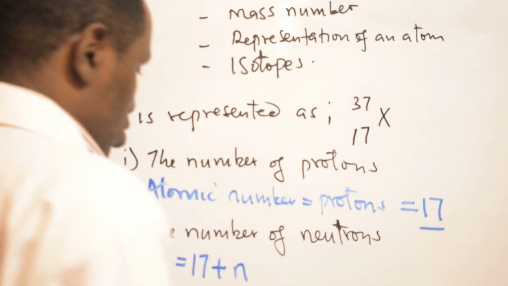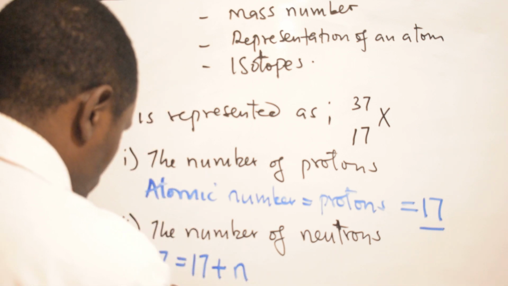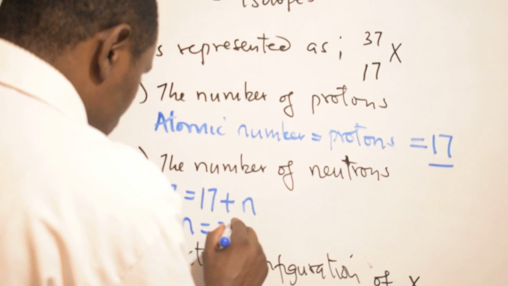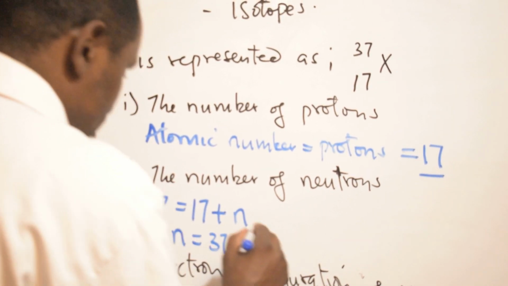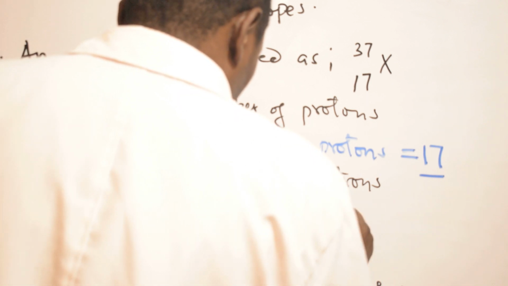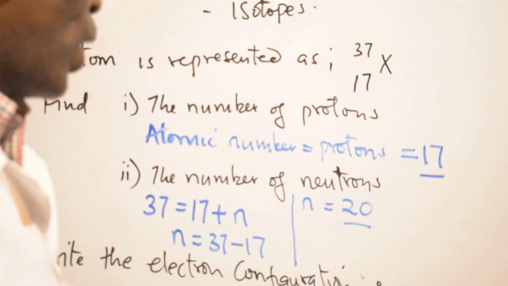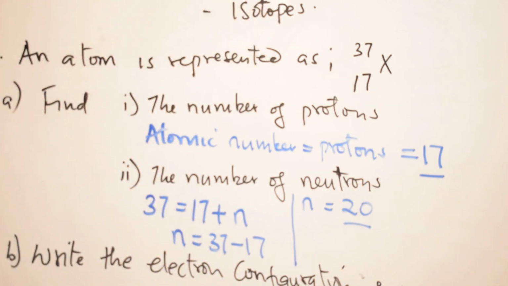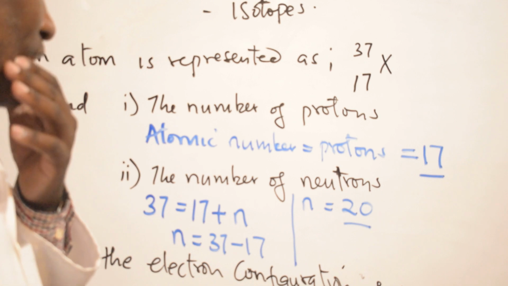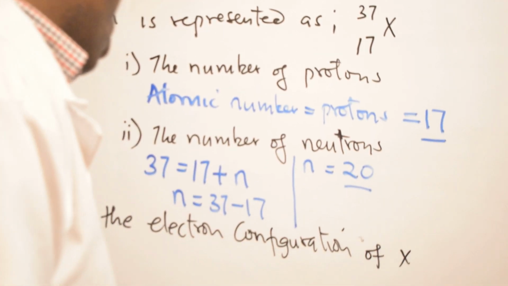So we can say that n will be equal to 37 minus 17, and therefore n will be equal to 20. This element X has 20 neutrons.